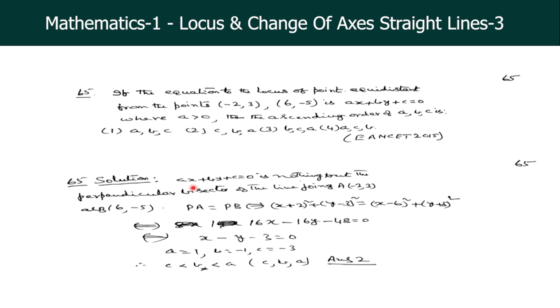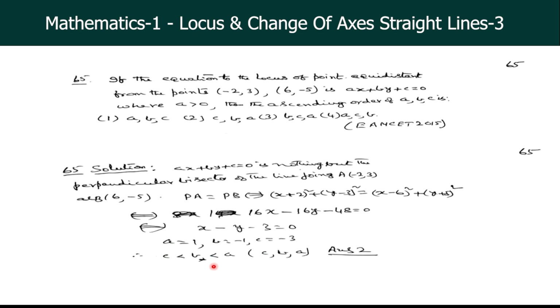So its equation, by equating PA = PB, is x - y - 3 = 0. So here a = 1, b = -1 and c = -3. Therefore, since -3 is less than -1 is less than +1, the ascending order is c, b, a. So c, b, a means option number 2.